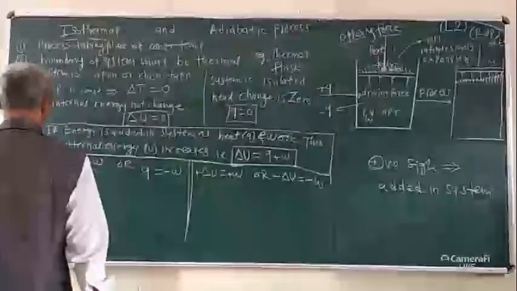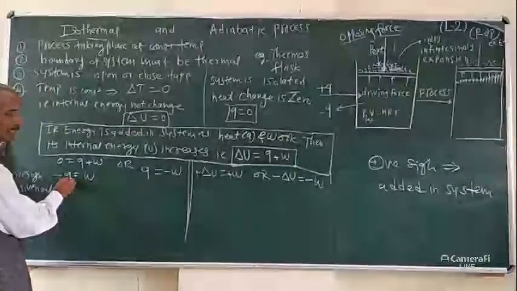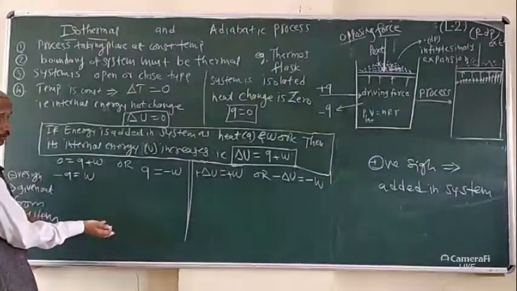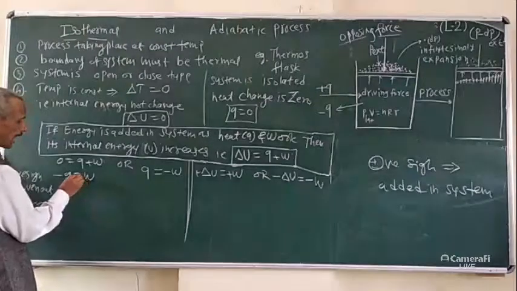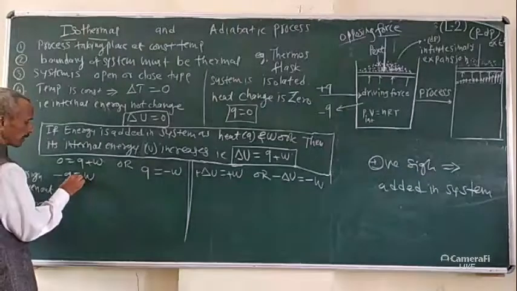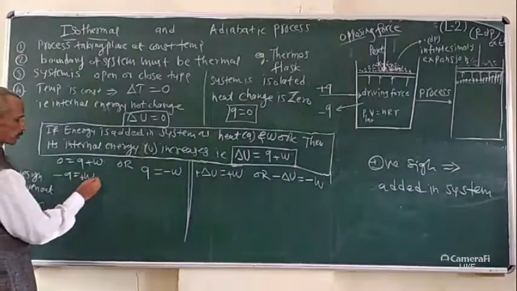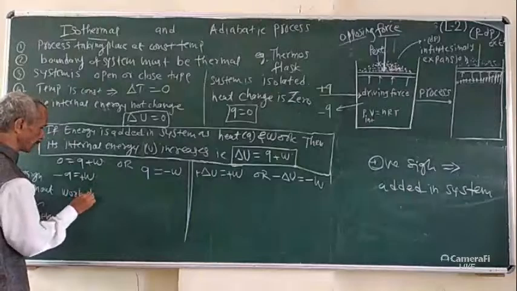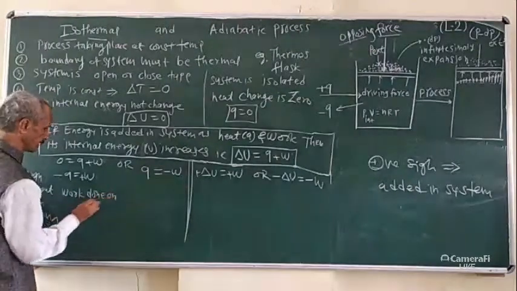So here, minus Q indicates heat is given out from the system and work is done. This is plus, work is done. So what it indicates is that work is done on the system.